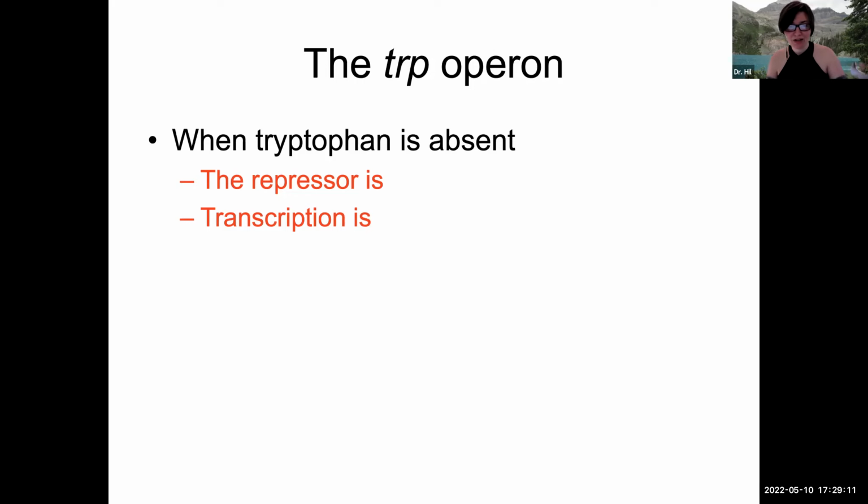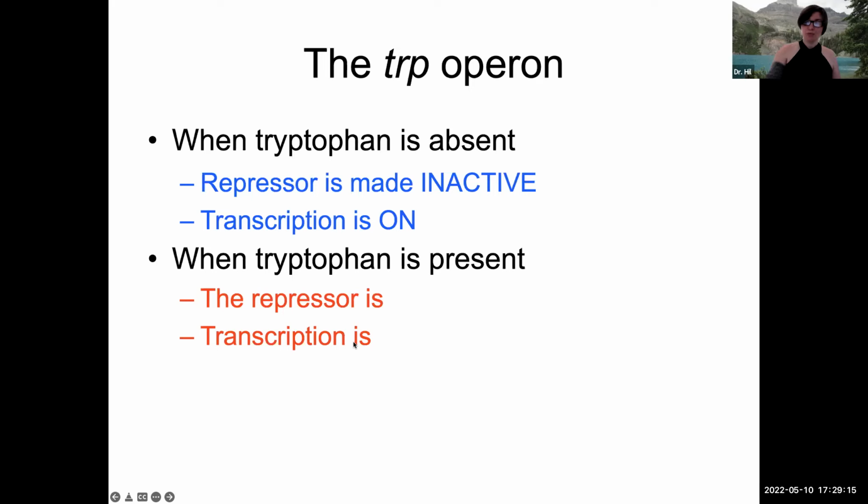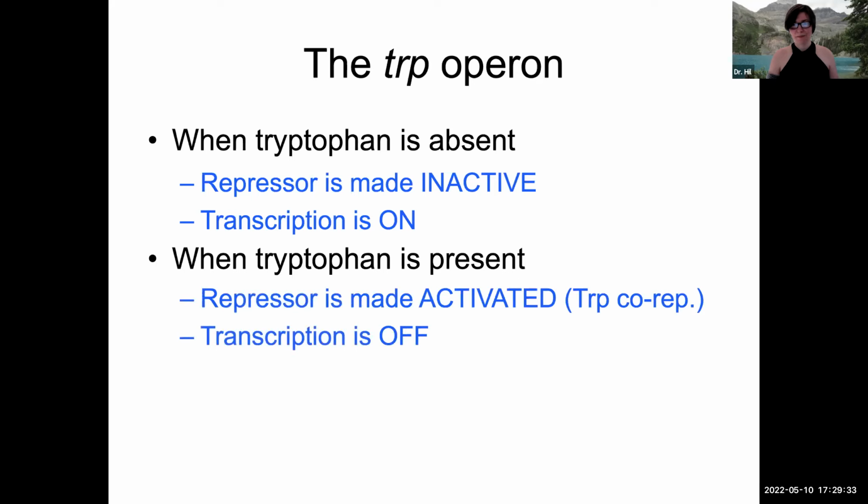It's happening. Good. That's what we wanted. Now, let's add some tryptophan to the environment. It goes and talks to the repressor, and now the repressor is active. And it goes and sits on the operator, and then what happens to transcription is it's off, it stops. Does that make sense? Yes, no, or kind of? Everybody weigh in here.